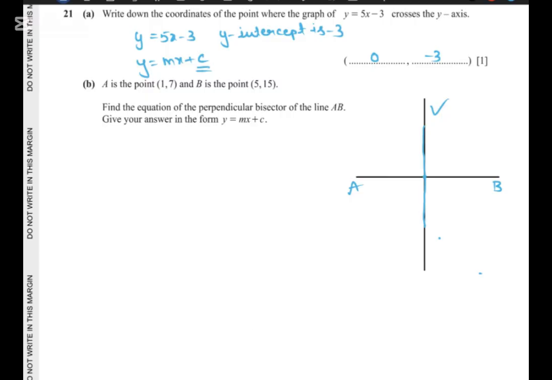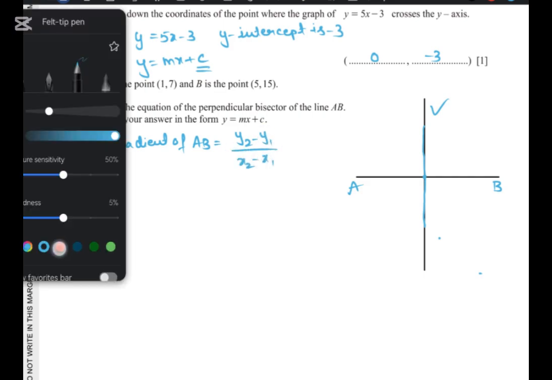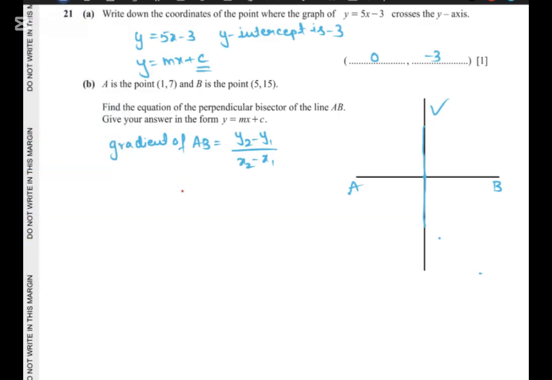So first we'll find the gradient of AB using the rule y2 minus y1 by x2 minus x1. We have to check which is x1, x2, y1, y2.